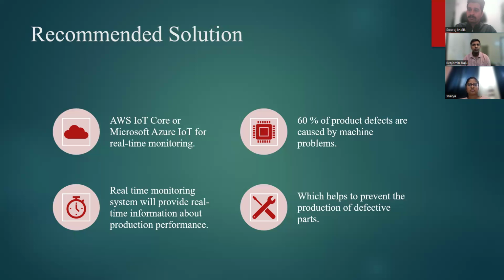So this helps in reducing defective products. The devices which we recommend for real-time monitoring are IoT devices. IoT stands for Internet of Things, and the two IoT devices we recommend are Amazon Web Services IoT Core and Microsoft Azure IoT.